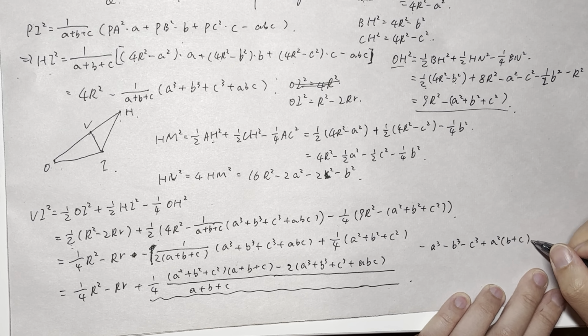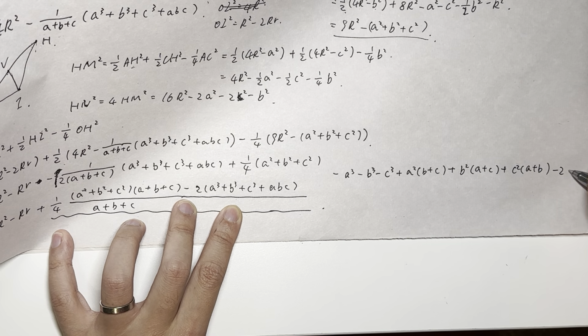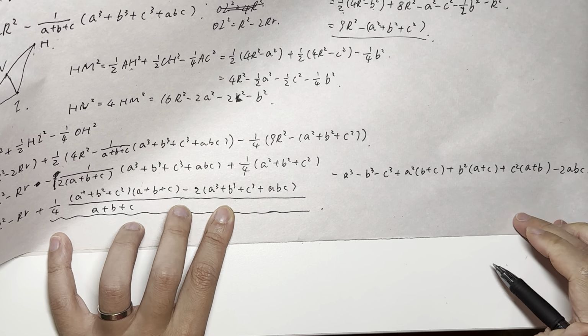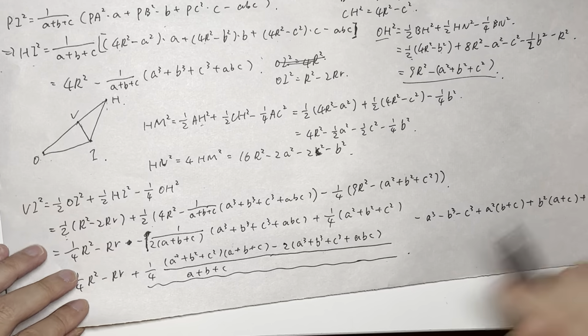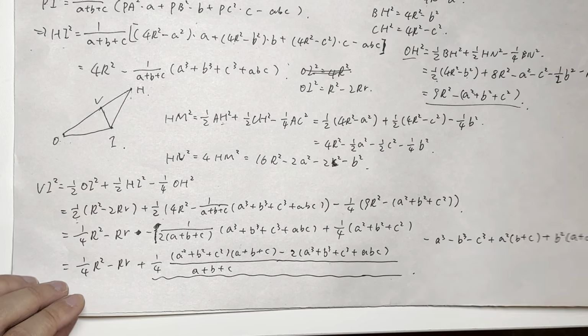Right, c squared times (a plus b), and then we do minus twice of abc.